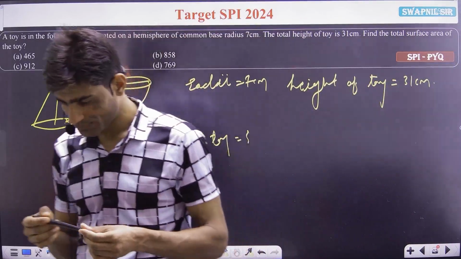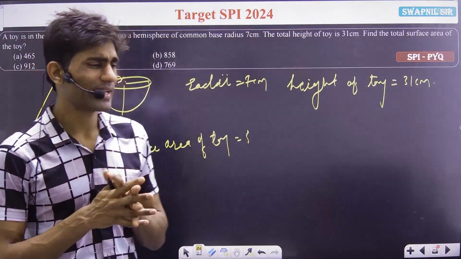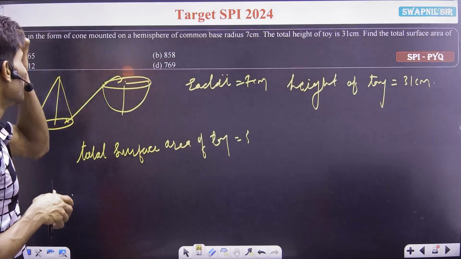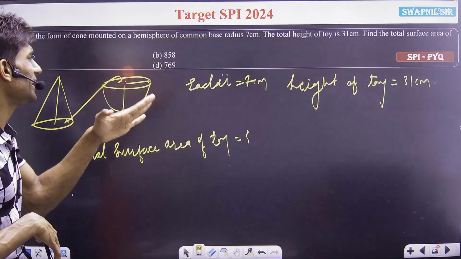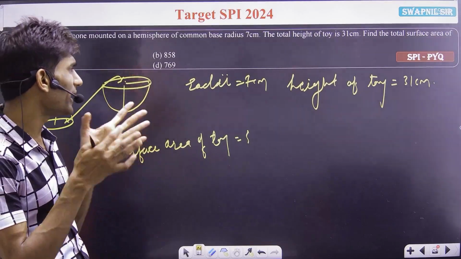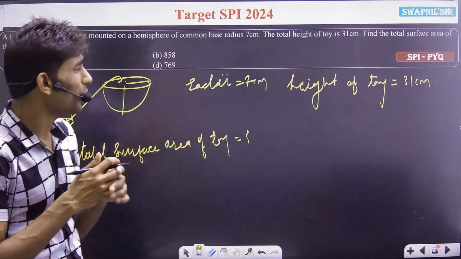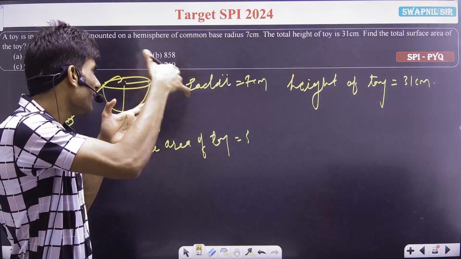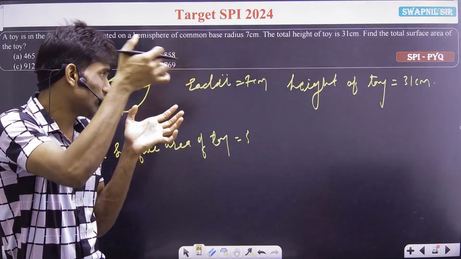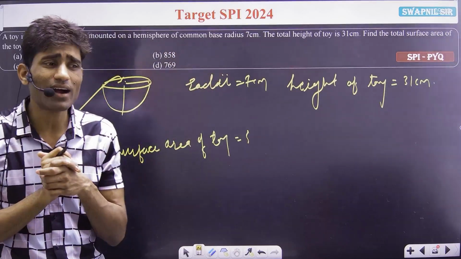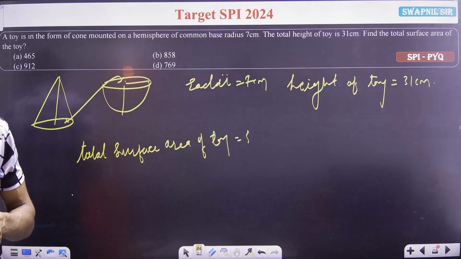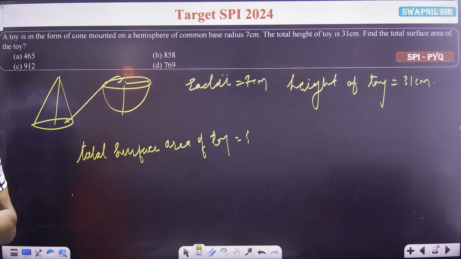First of all, understand the example we have been given. We have radius 7 centimeter and the height of the toy which is 31 centimeter. If we take away that radius from the height of the toy, we get the height of our cone. So let's find it out.